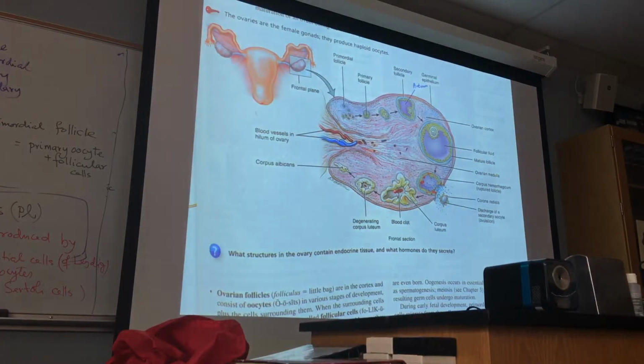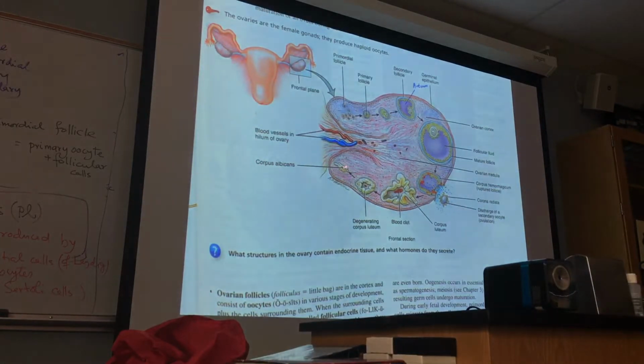But the corpus luteum degenerates. It is a degenerating corpus luteum that ceases to produce hormones, and the ultimate degeneration is the formation of a white body called corpus albicans.